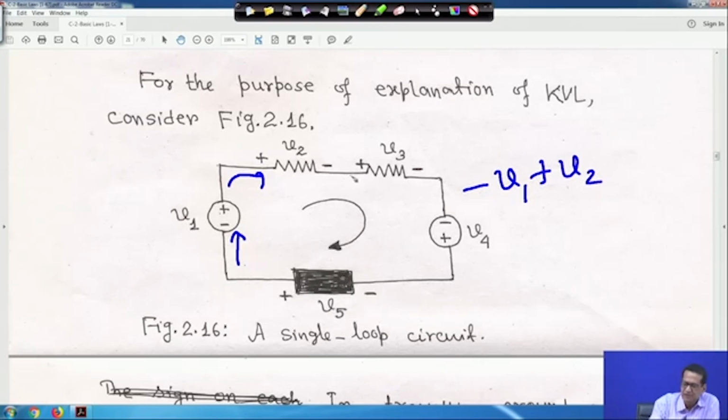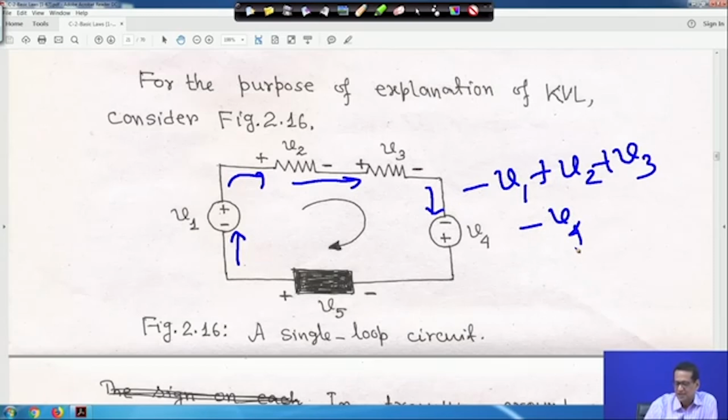Then again, moving clockwise, you encounter the plus terminal first, so it will be plus V3. Then moving clockwise, you encounter the minus sign, so minus V4. And then coming here clockwise, this is minus V5 equal to 0.